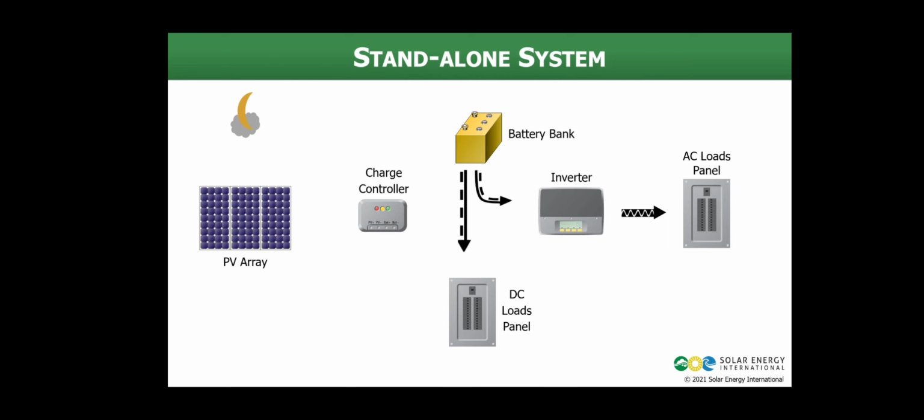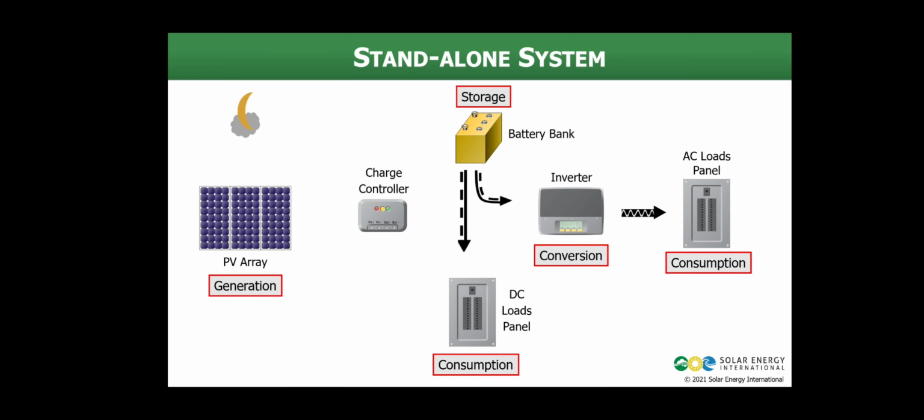The batteries will provide the power for any DC loads and for any AC loads as well, and of course that will have to go through the inverter. In a standalone system, the PV array is our generation source. The consumption would be the AC loads through a panel and the DC loads through another panel. Storage would probably be in the form of a battery bank, and conversion will happen in the inverter.